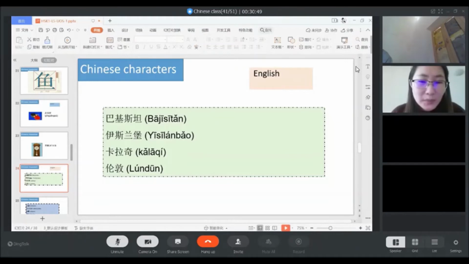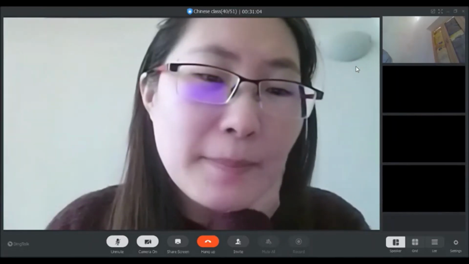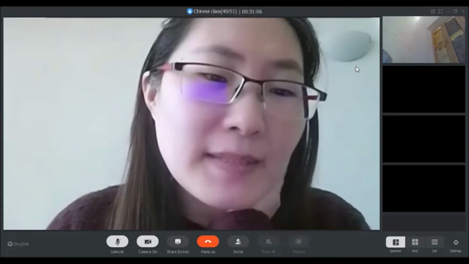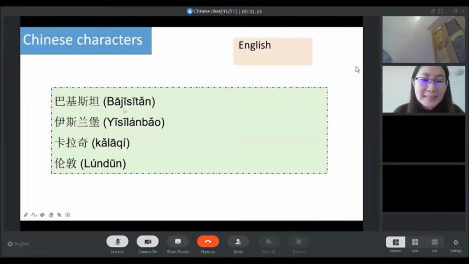For example, this first one, 巴基斯坦. Pakistan. It comes from the sound Pakistan. Then we translate it to Chinese. We call it 巴基斯坦.